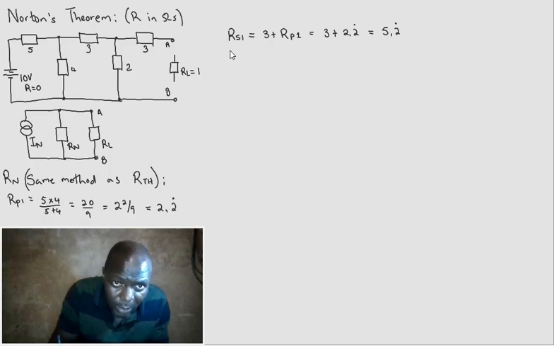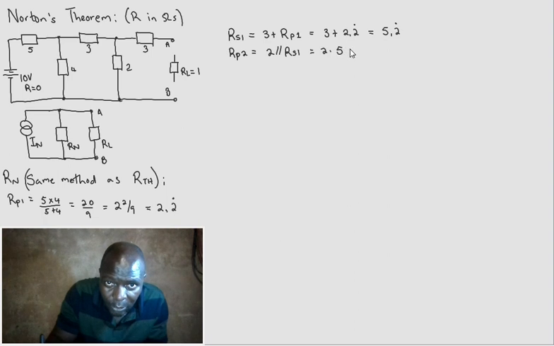So we'll say R parallel 2, the second parallel calculation we're doing, is going to be equal to the 2 ohm parallel to R series 1, which is equal to 2 times 5.2 recurring over 2 plus 5.2 recurring.